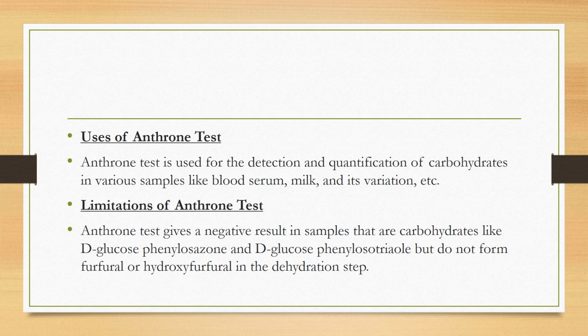Limitations of the anthrone test. The anthrone test gives a negative result in samples that contain carbohydrates like D-glucose phenylosazone and D-glucose phenylosotriol.